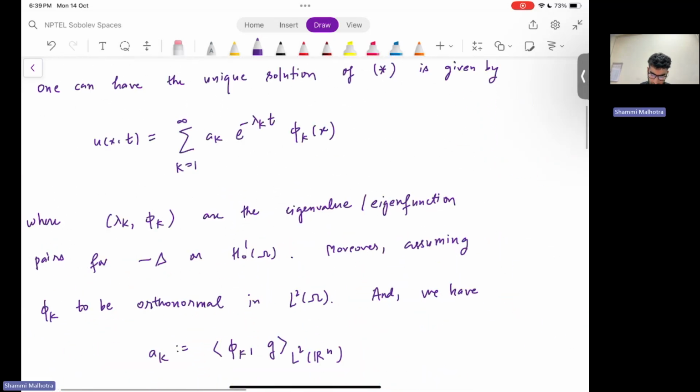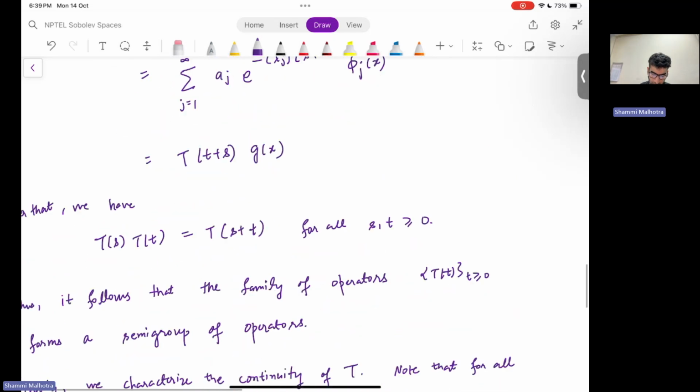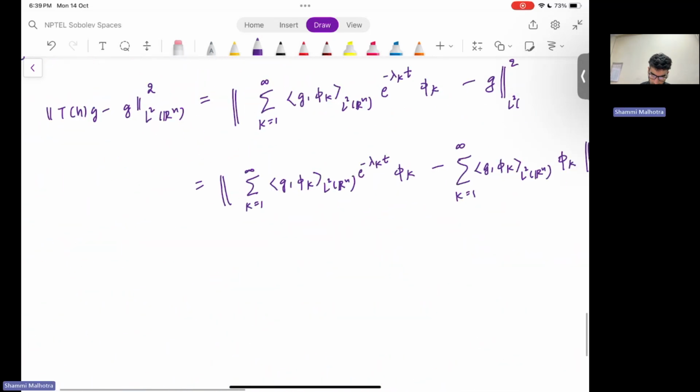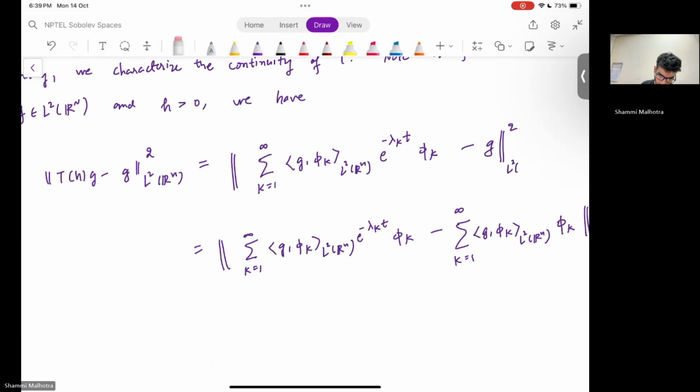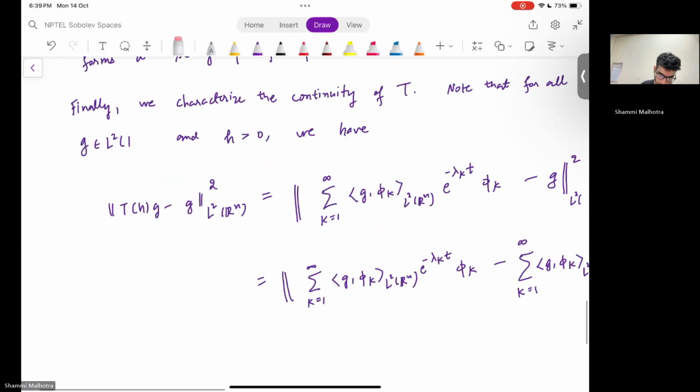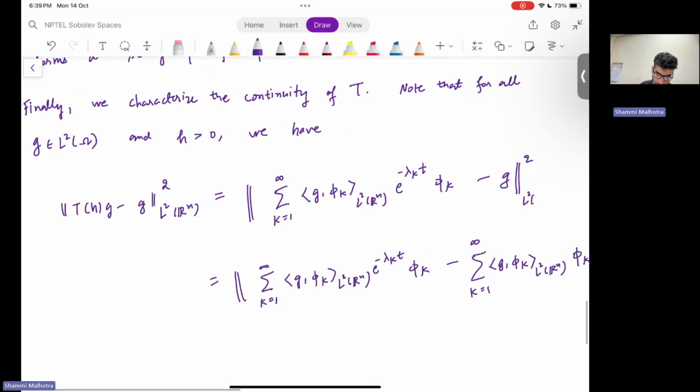Ultimately, we have defined g on omega only, so it has to be omega. Maybe we can prove this for R^n, but since we are taking g from L2(omega), let's restrict to omega only.